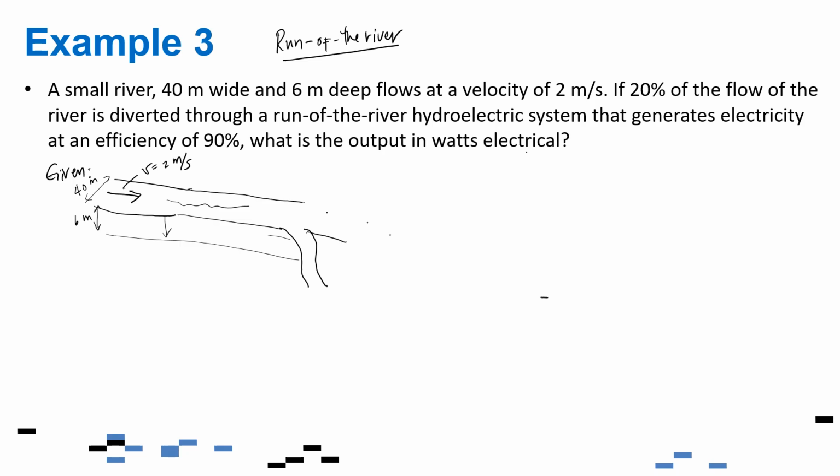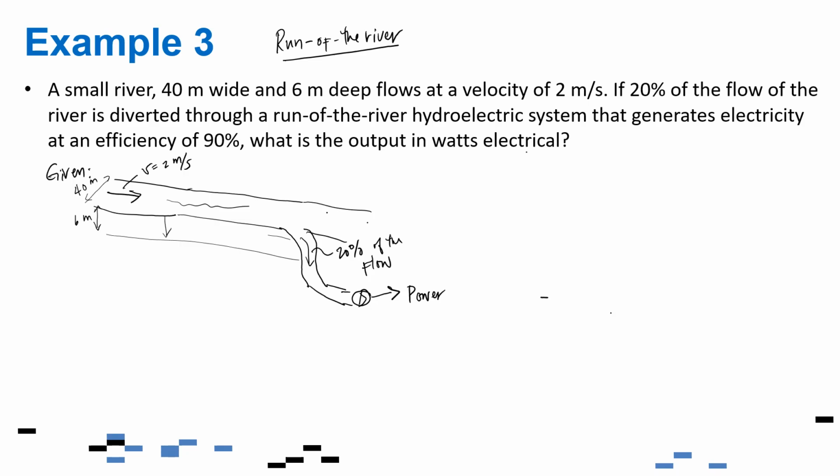So this diversion here is running through a generator, a run-of-the-river hydroelectric system. So this flow is 20% of the flow, coming out of the system. So now this river will generate power. That is the run-of-the-river system.